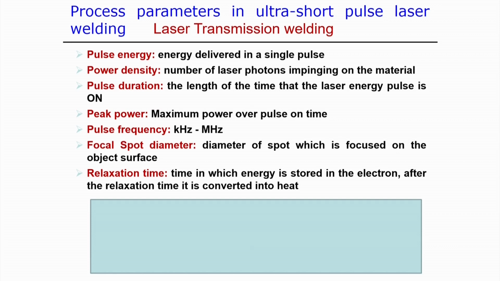Power density is the number of laser photons impinging on the material, which mathematically is the power divided by the cross sectional area over which it falls. Then pulse duration is the length of time that the laser pulse is on.